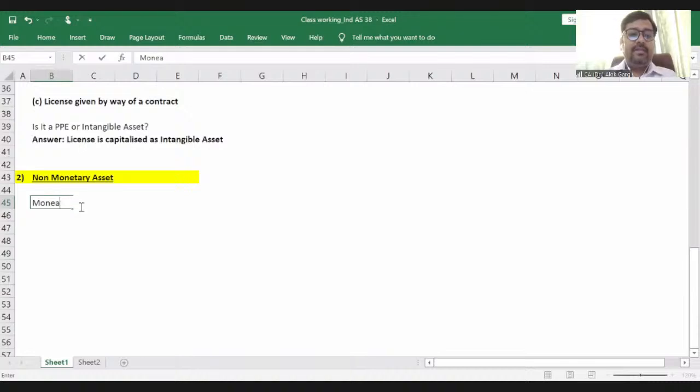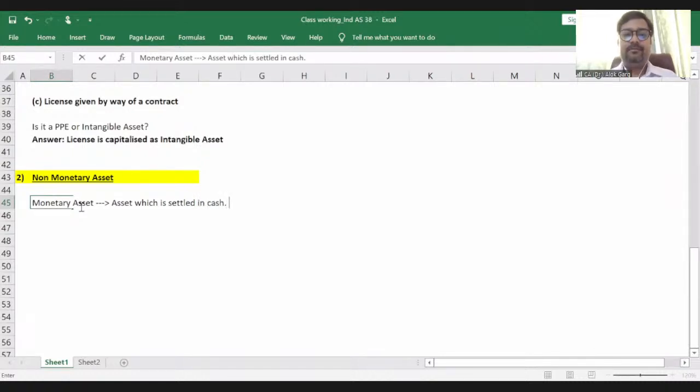What is meant by monetary asset? An asset which is settled in cash.